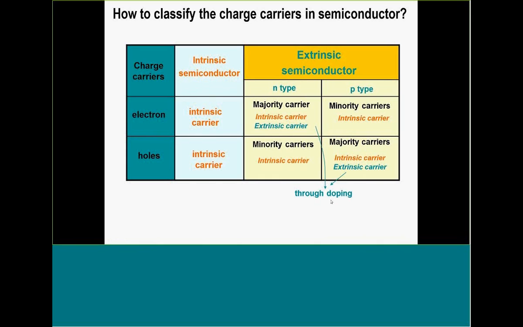That's why it's very important for us to classify the charge carriers. Because first, we know where they come from. And second, the concentration of the charge carriers in a semiconductor can change according to temperature.